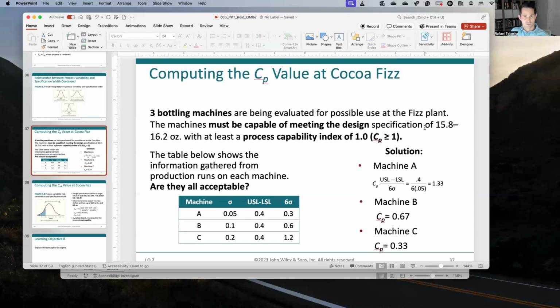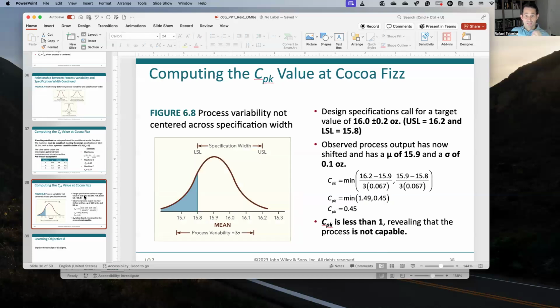What is the design specification? Minimum of 15.8 ounces and a maximum of 16.2 ounces with an average of 16 ounces. Okay, we worked in the previous video on the CP measure. Now we're going to use, not entirely the same example, but the same company to talk about CPK.